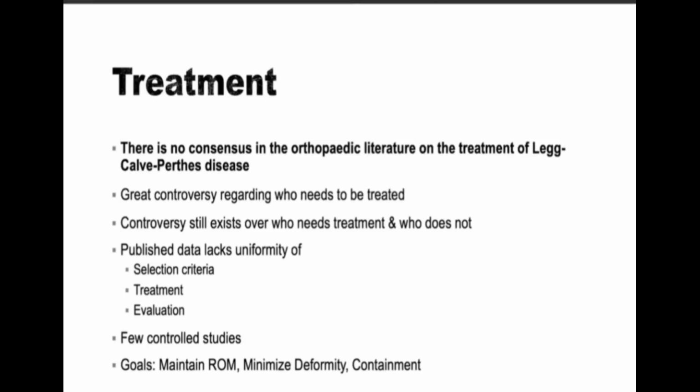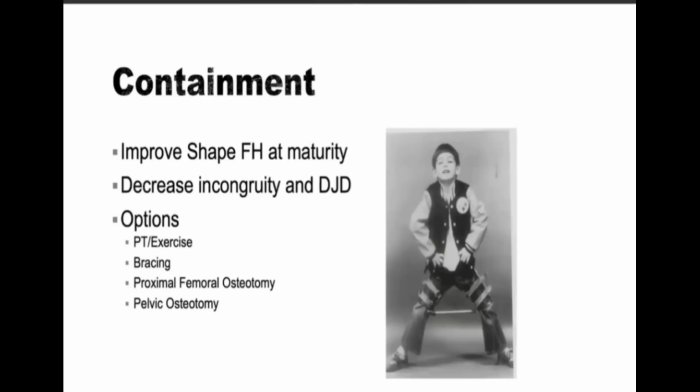But again, the goals are to maintain the range of motion and try to minimize that ultimate deformity through the process of containment, or keeping that remodeling femoral head within the acetabulum. We know that we want the femoral head to be as round as possible at maturity, because the more congruity and the less incongruity you have, the lower your chance of degenerative joint disease.